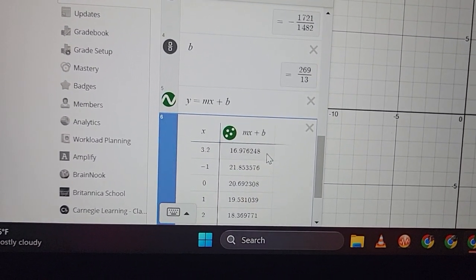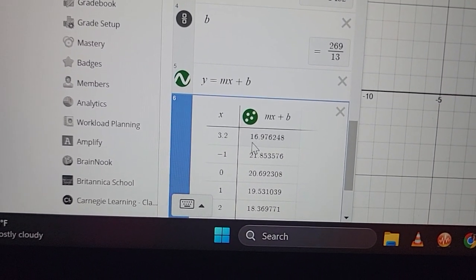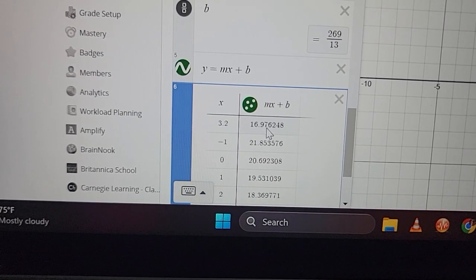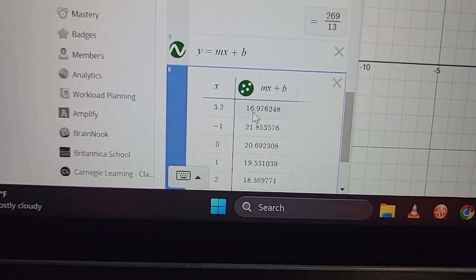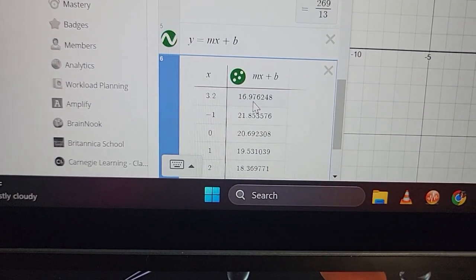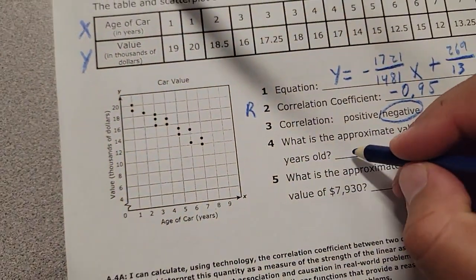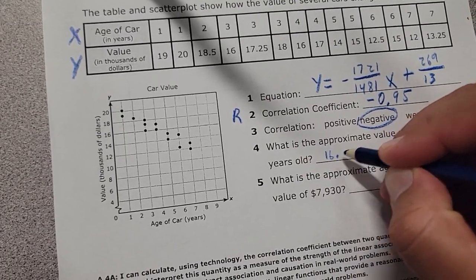So my price after 3.2 years, the car is going to be around 16,097 and then 6. Let's round it to 16,098. So 16,000.98.